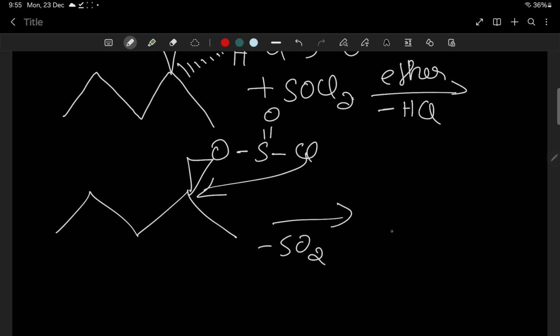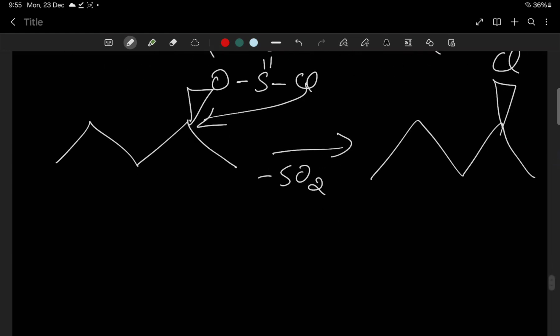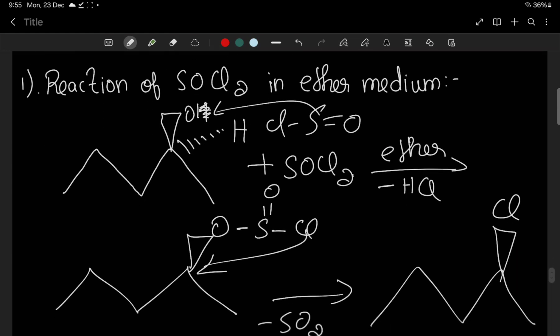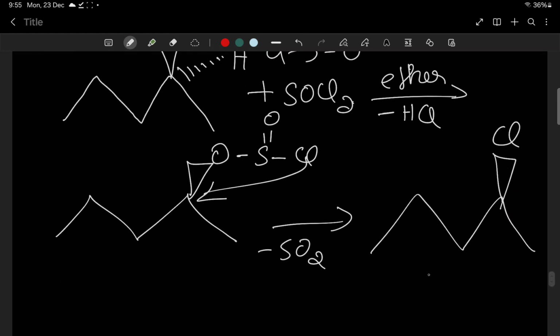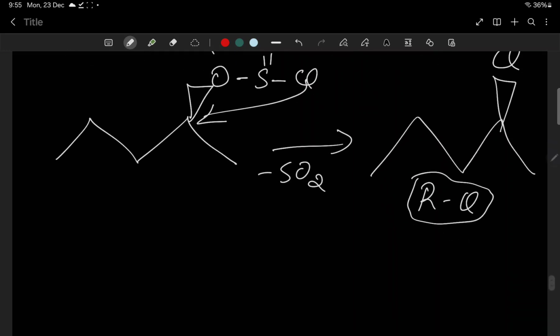This thing is not that important, but still you can understand it if you need. And we get RCl. So this is Darzen's process itself, but in ether medium.